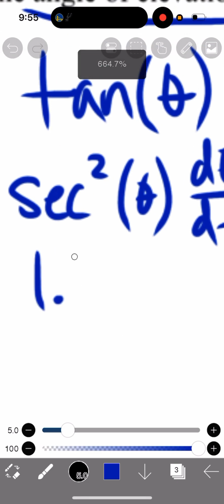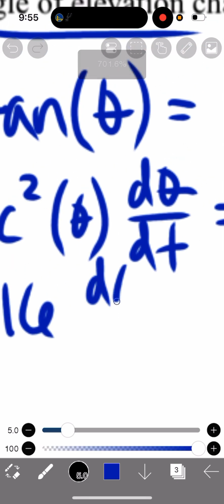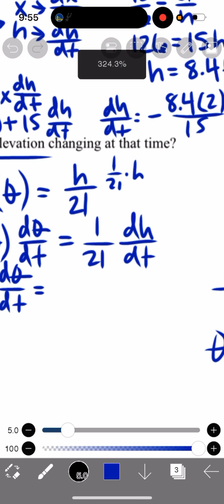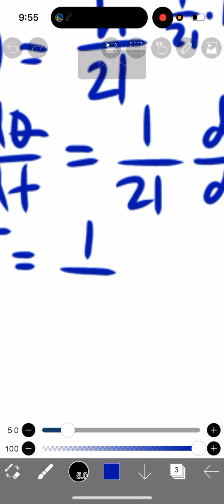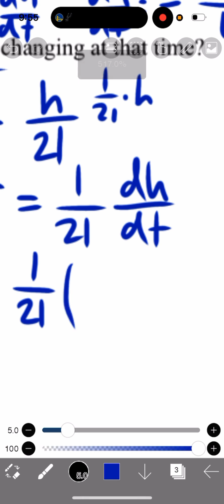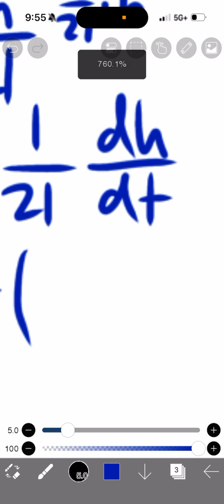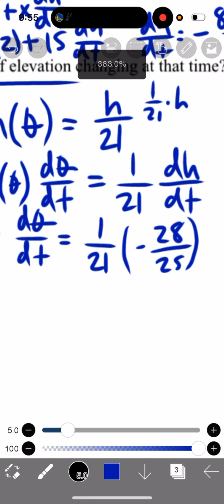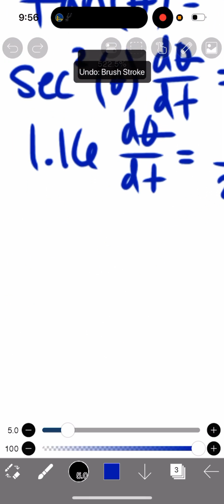So 1.16 times d theta over dt equals 1/21, and then dh over dt, we know from the previous problem, is negative 28 over 25. And then from here, we can just isolate our d theta over dt.